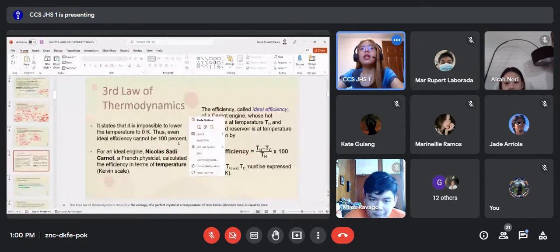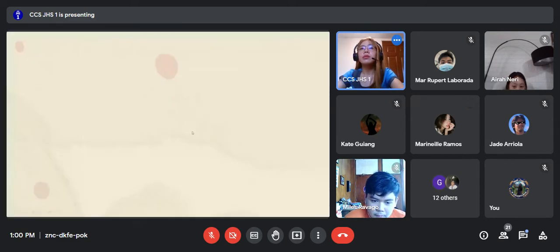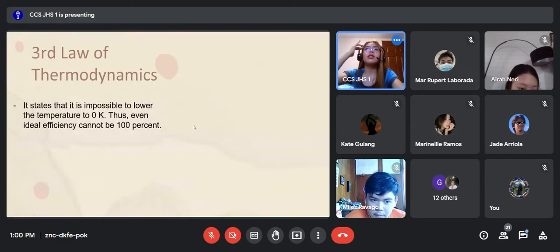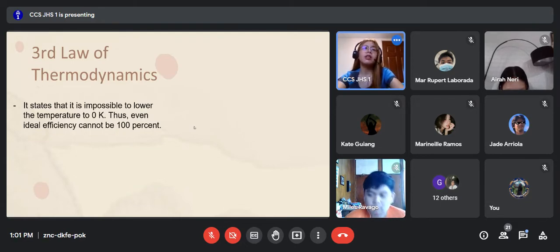In chemistry, the equivalent of absolute zero in degrees Celsius is -273.15. Zero Kelvin is equivalent to -273.15 degrees Celsius. The third law of thermodynamics is the discovery of absolute zero. It states that it is impossible to lower the temperature to 0 Kelvin. Thus, even ideal efficiency cannot be 100%.